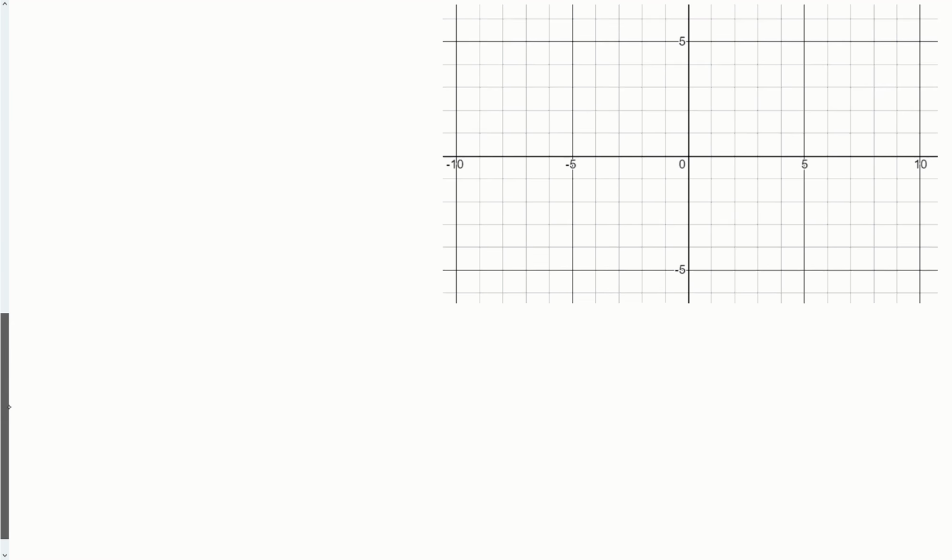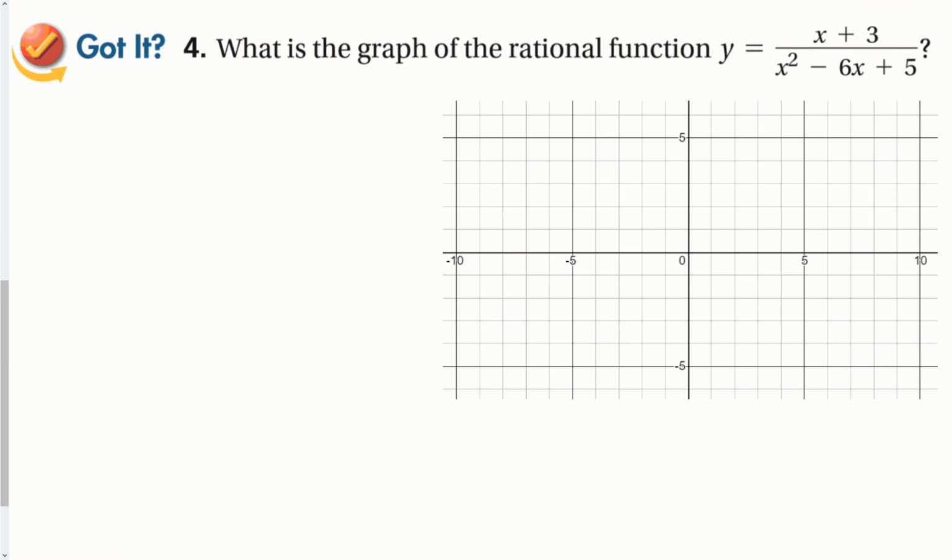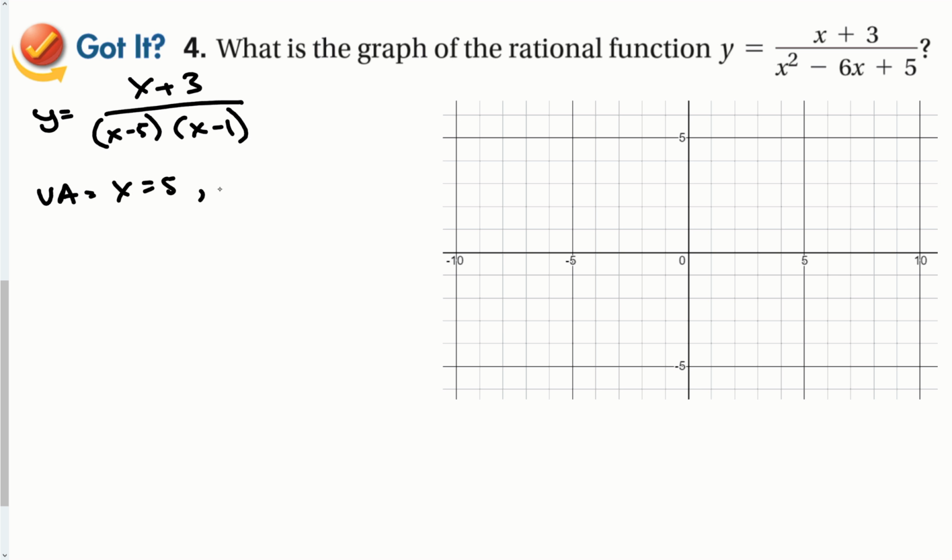Hopefully I won't make a mistake on this one. All right, factor first. So x plus 3 over x minus 5, x minus 1. Vertical asymptotes, nothing cancels, are at 5 and 1.